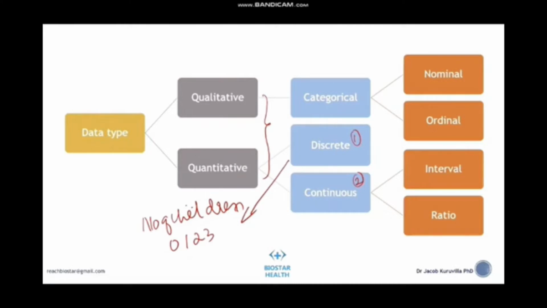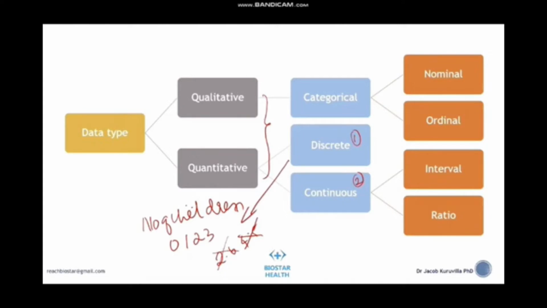The variable number of brothers or number of sisters takes integral values only, that is why there won't be any 2.6 or 4.5. That is why they are called discrete data, or in a way it can be considered as count data also.